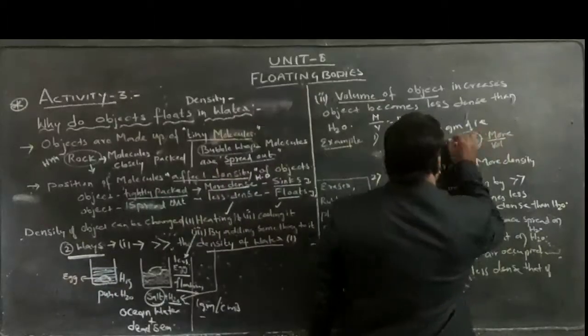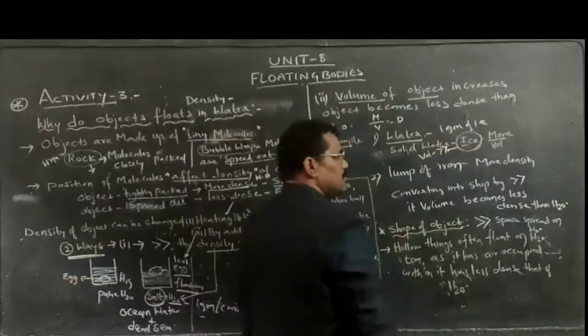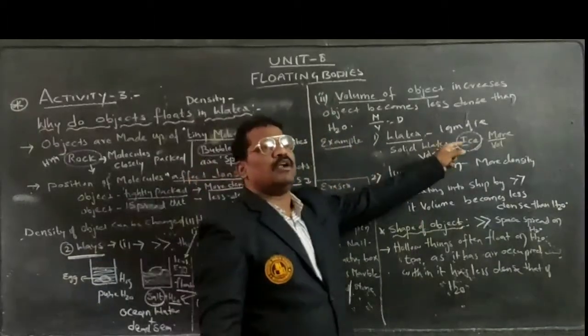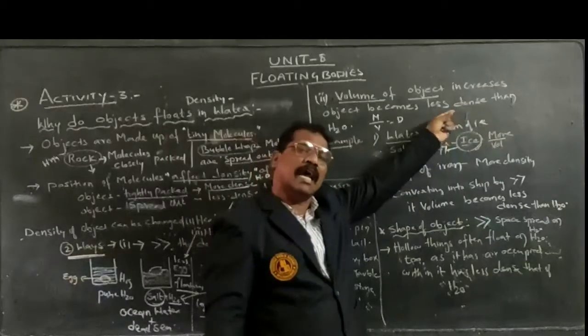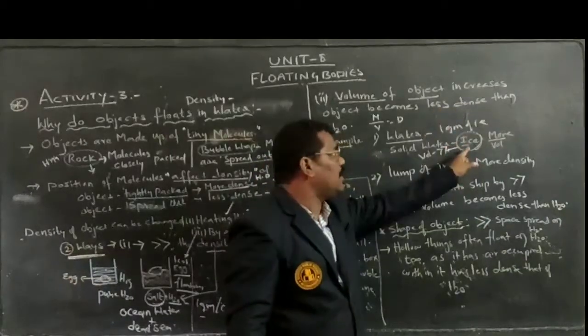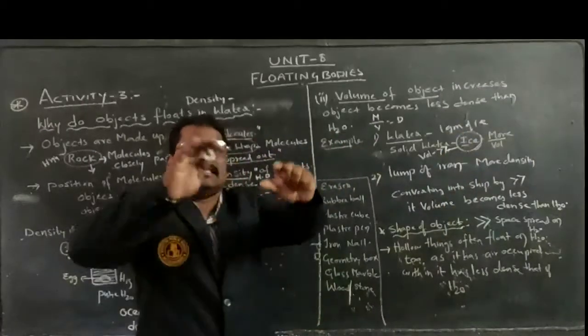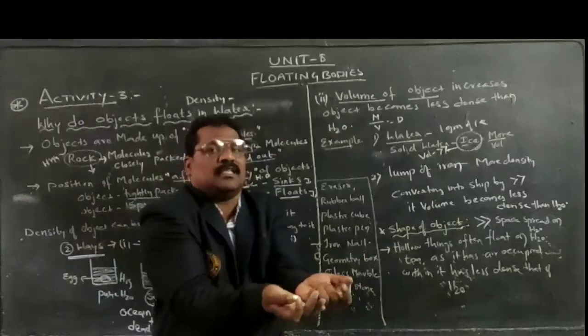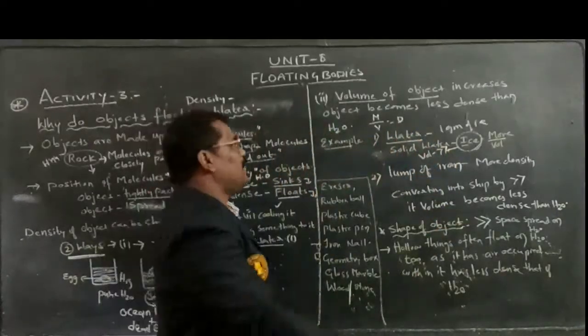When it is converting into ice, its volume gradually increases. When it exists in the water state, it has its own volume, but when it changes into ice, attaining the structure of a solid, its volume gradually increases. That's the reason.